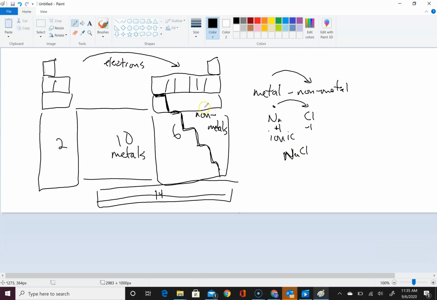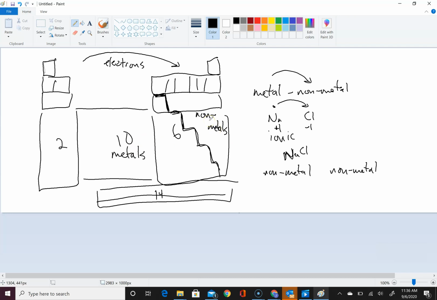On the other hand, if I have a nonmetal and a nonmetal that are going to bond together, both of these atoms want to hold on to their electrons to the same degree. In ionic bonds, the metals don't want to hold on to their electrons nearly as much as the nonmetals do.